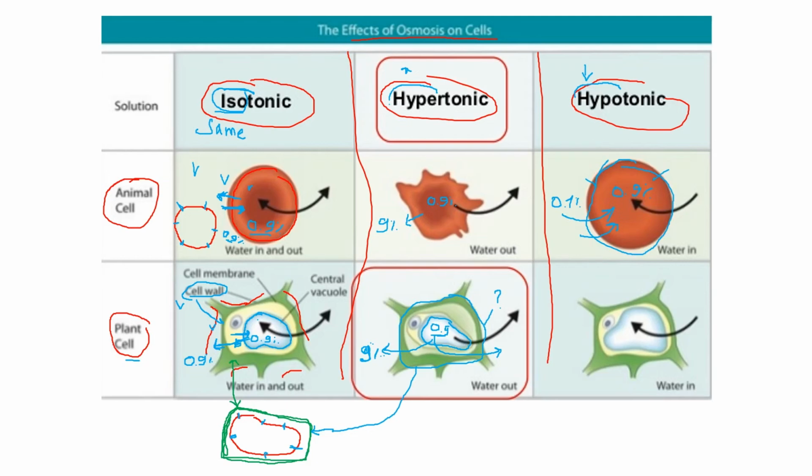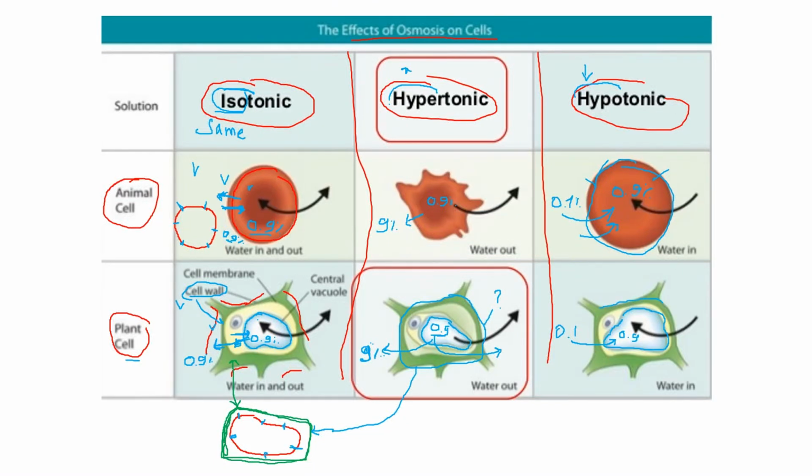But if we put a plant cell inside of the hypotonic solution, what will we see? Water will again follow the salt. So water moves inside of the cell, inside of the central vacuole, and the size of the central vacuole increases dramatically, very large.